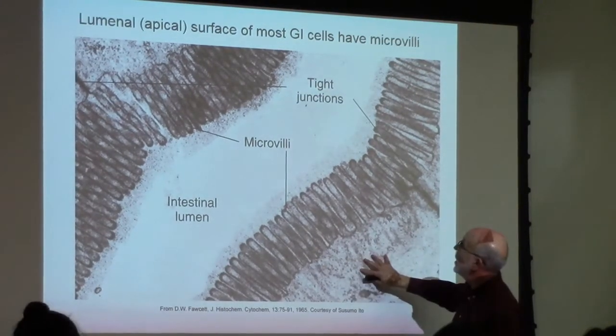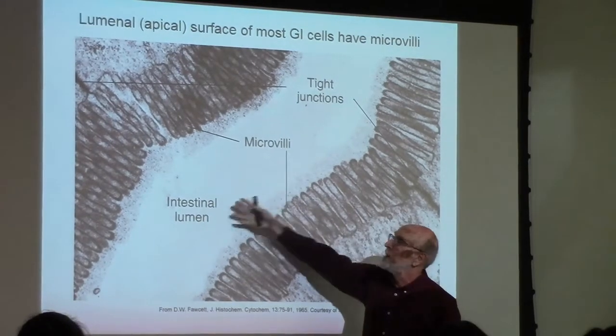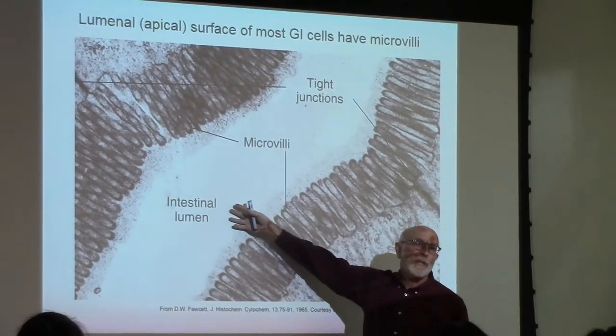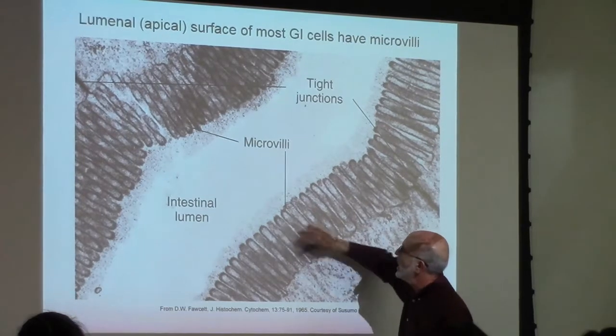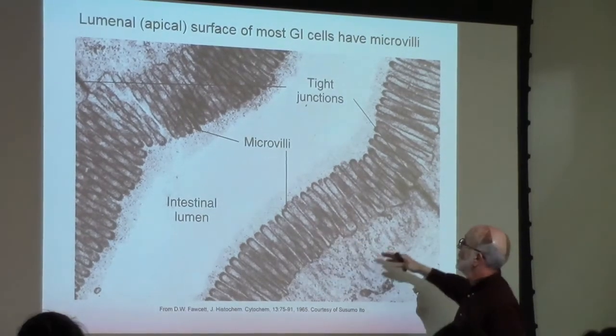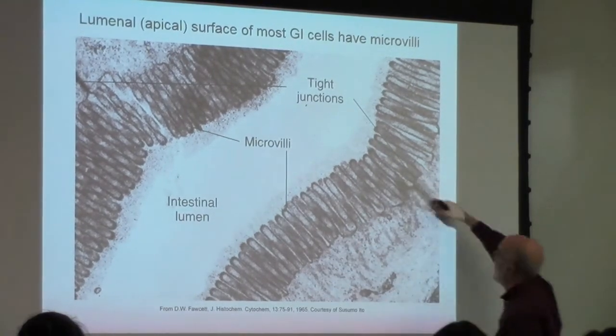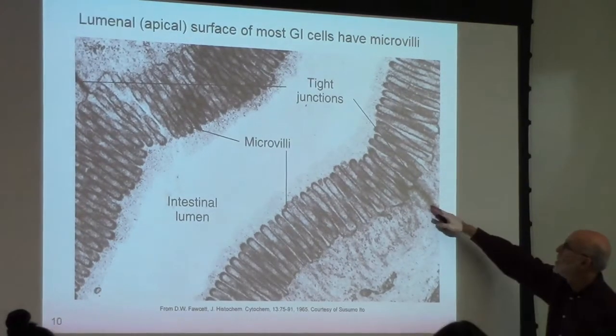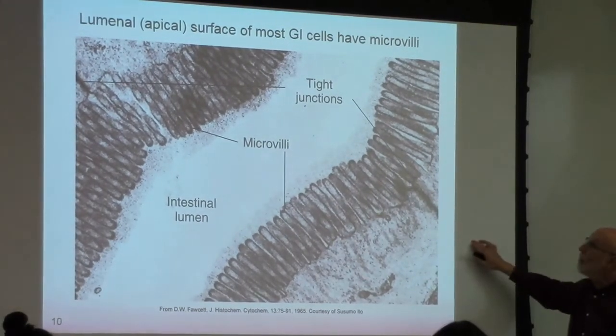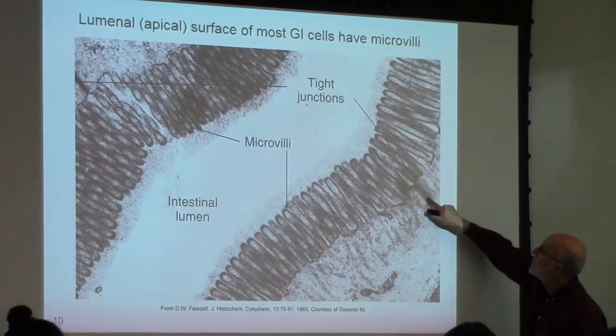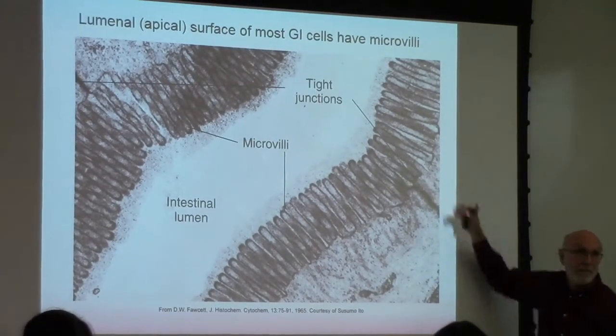So this is a cell, this is a lumen, this is an intestine, but the same thing is true in the stomach. Microvilli lining the apical membrane of an epithelial cell. So this is the beginning of the basolateral membrane of this cell, separating this cell from this cell.